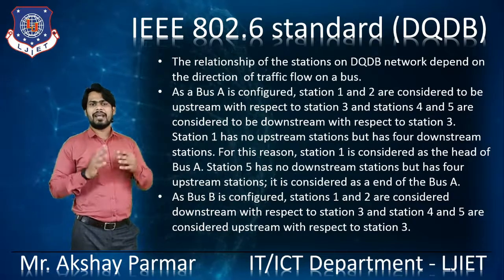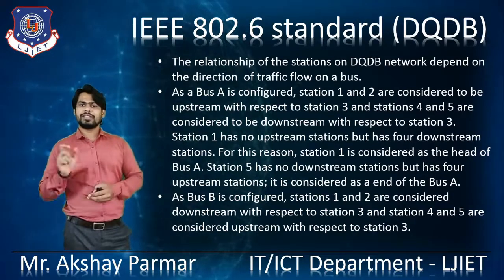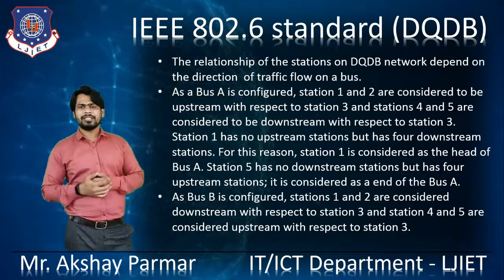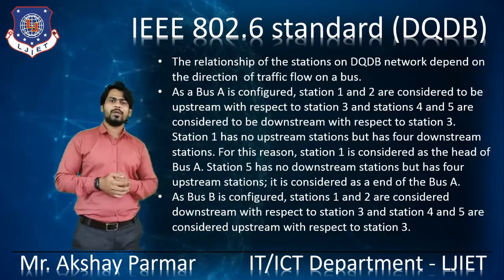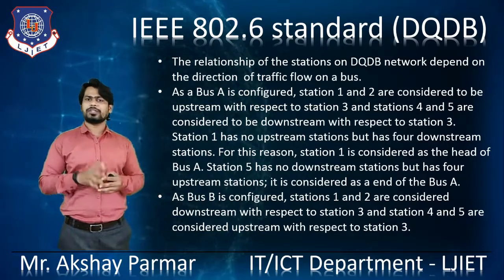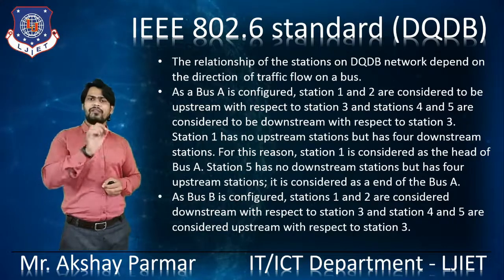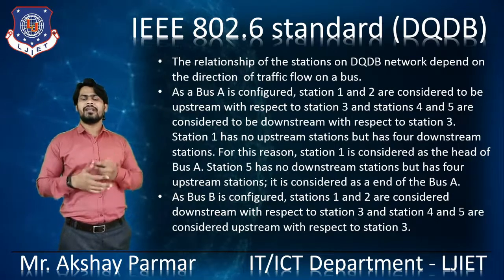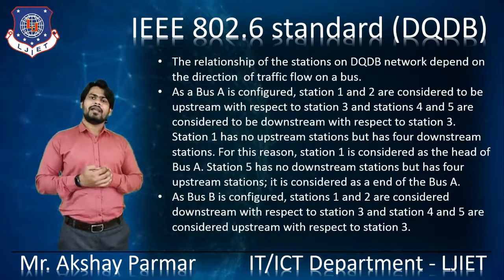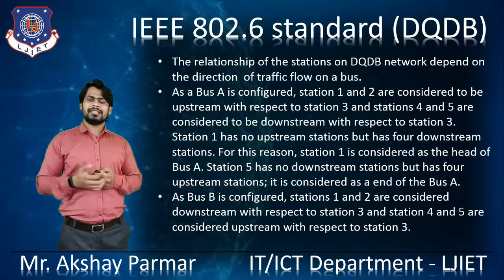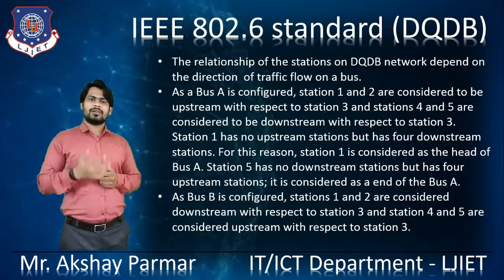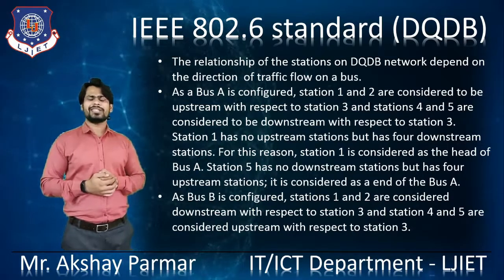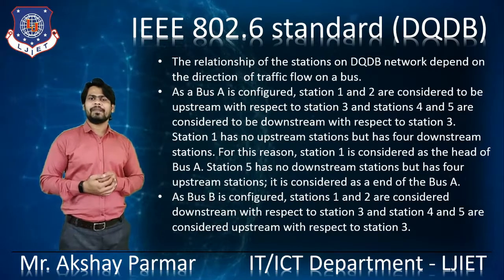It is considered the end of bus A. Likewise, as bus B is configured, stations 1 and 2 are considered downstream with respect to station 3, and stations 4 and 5 are considered upstream with respect to station 3, in the context of bus B. Bus B starts from station 5, so station 5 is called the head of bus B, and it ends at station 1, so station 1 is called the end of bus B, right?